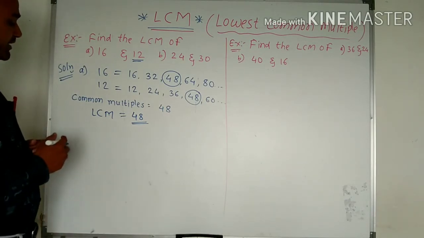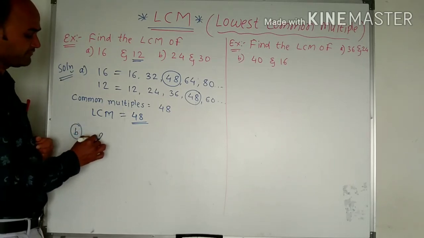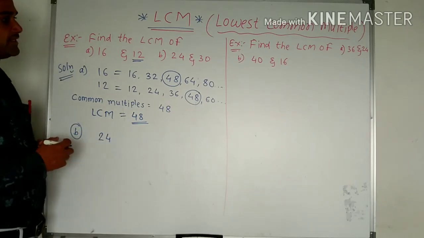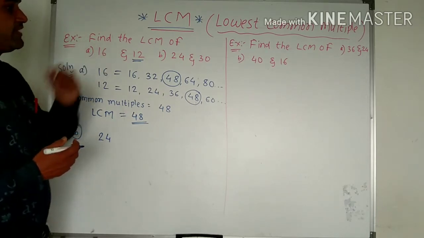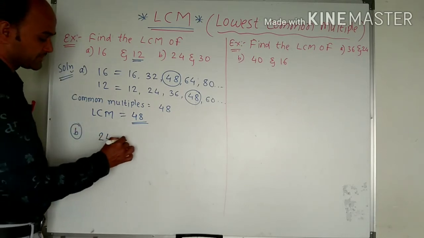In this way, one more example we are going to solve: find the LCM of 24 and 30.